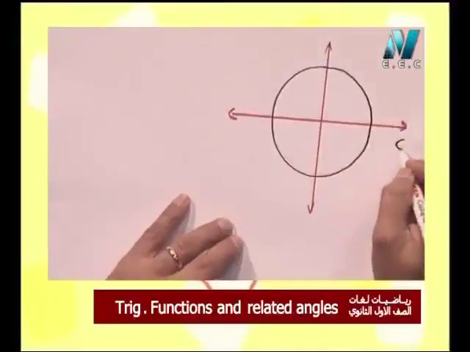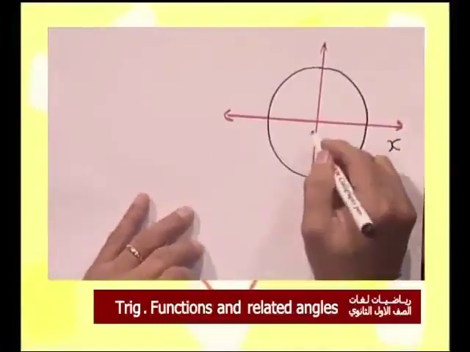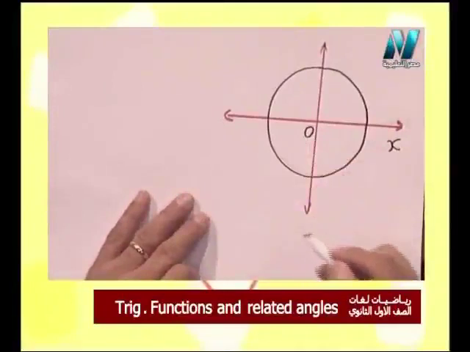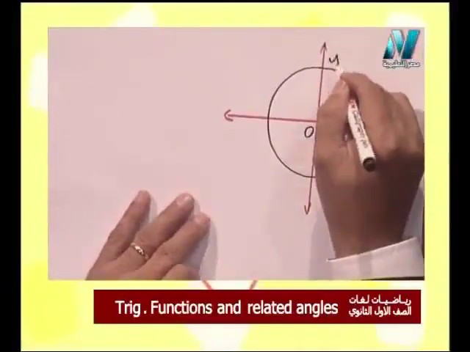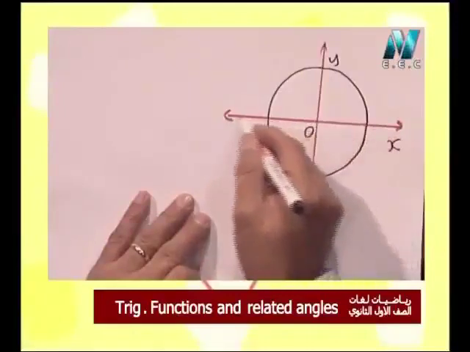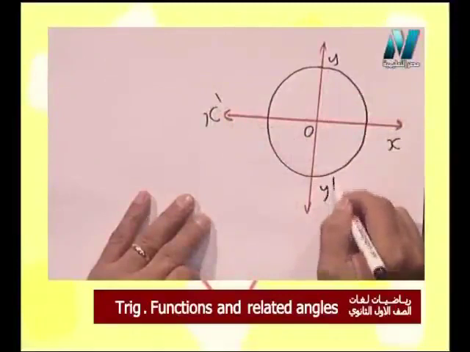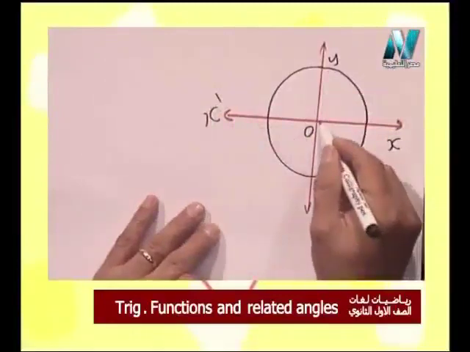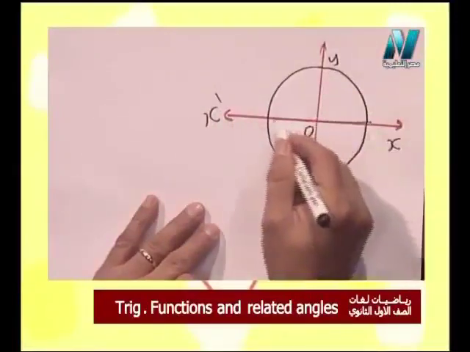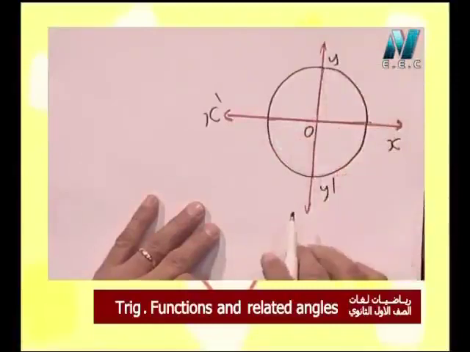We have here the x-axis, the positive direction of x. It is the origin here, and the y-axis. X here will be negative, so it's x dash, and y will be y dash here. X here is positive, but here is negative. Y here is positive, and here is negative.